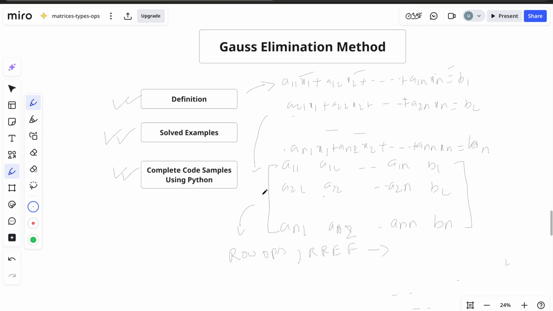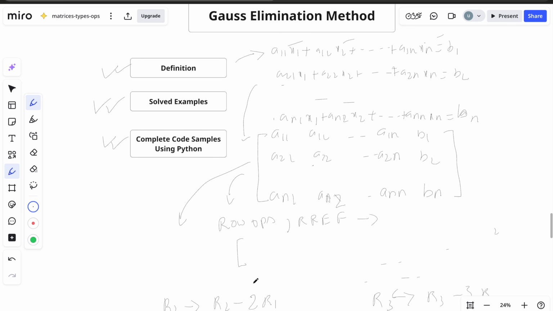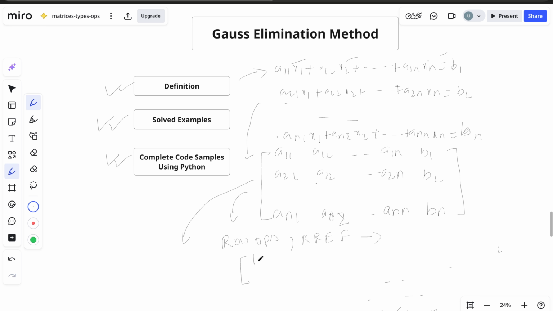Once we have reduced it to the row reduced echelon form, it can be solved easily, right? So the idea is basically to reduce this whole matrix system to the form of 1 0 0 c1, 0 1 0 c2 and so on, 1 cn.